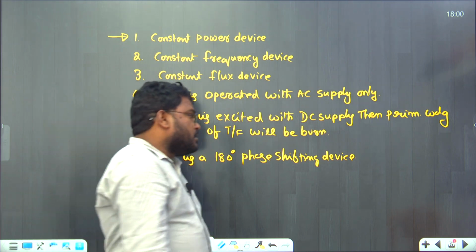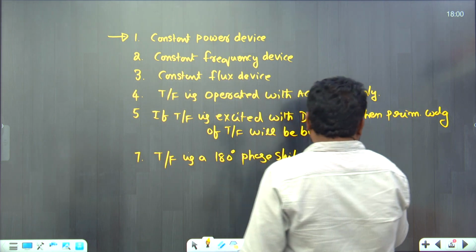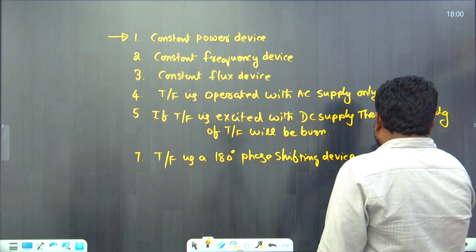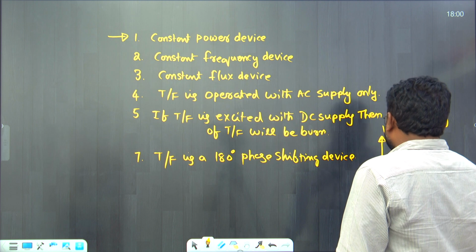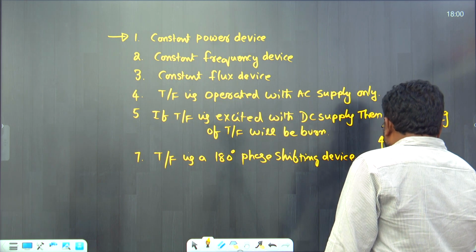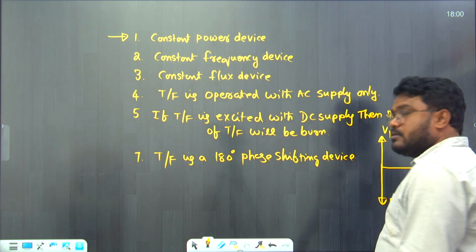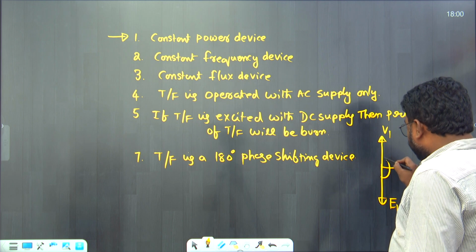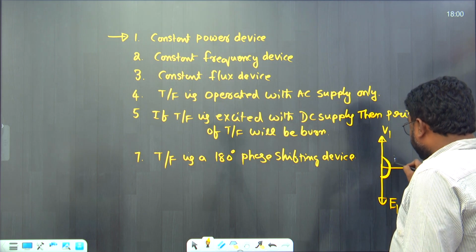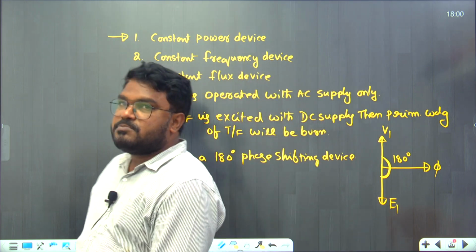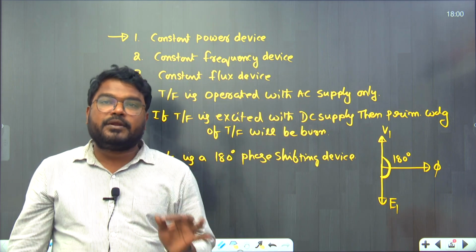Let us assume this is the applied voltage V1, this is the flux phi, and this is the EMF E1 induced in the primary winding. The phase displacement between the applied voltage and the induced EMF E1 is equal to 180 degrees.